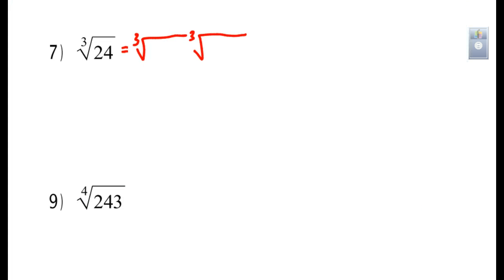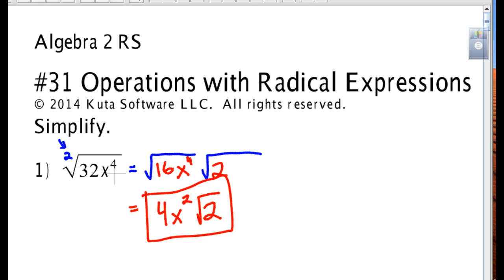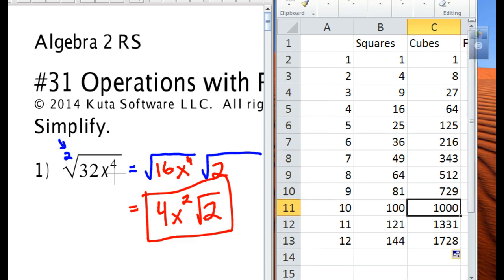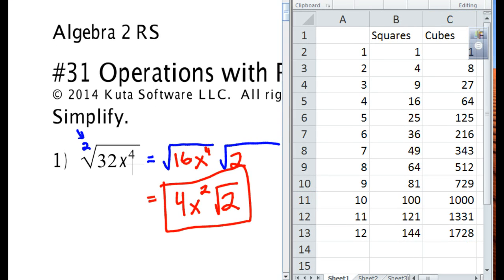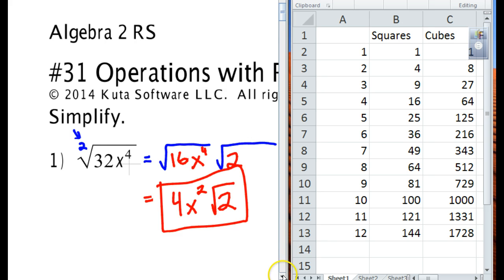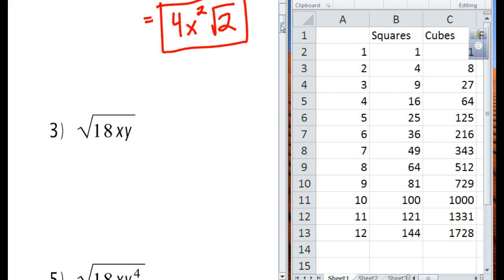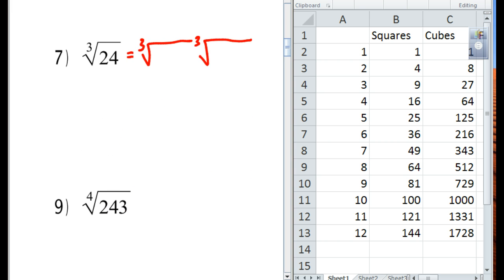So 24 is a multiple of which of these? Again, it's a cube, so you're looking in the cubes.